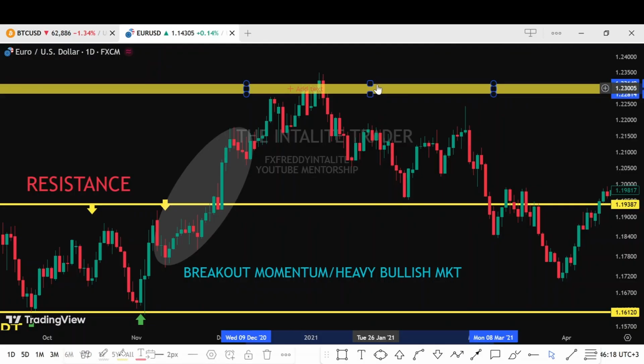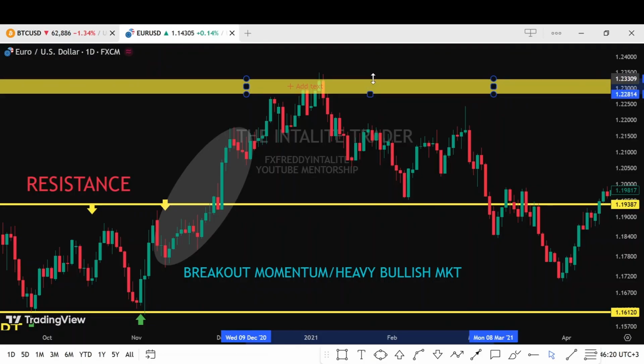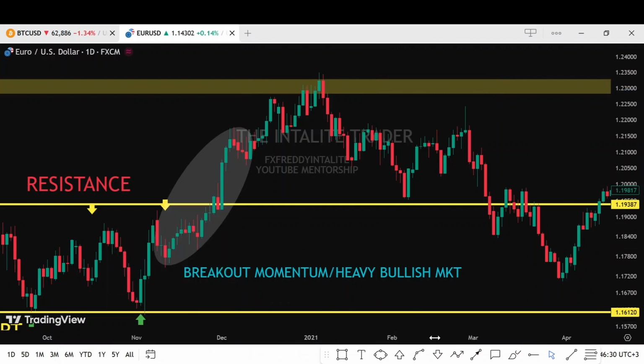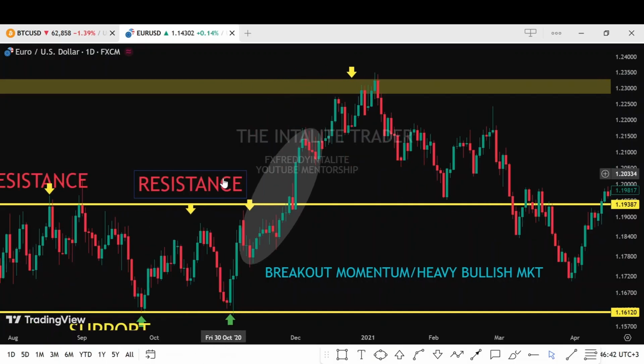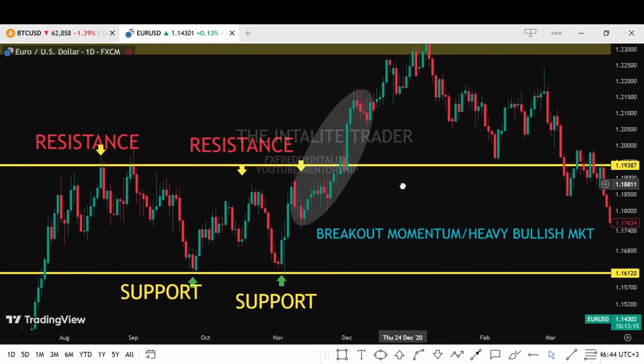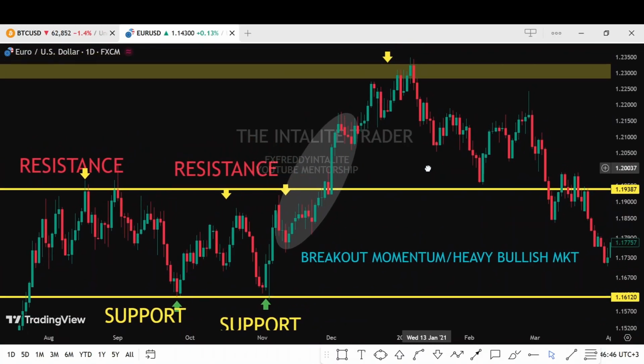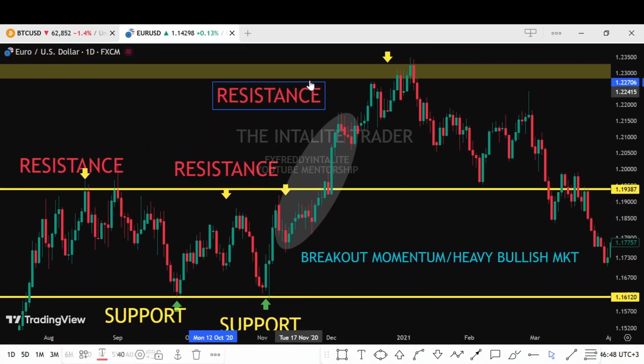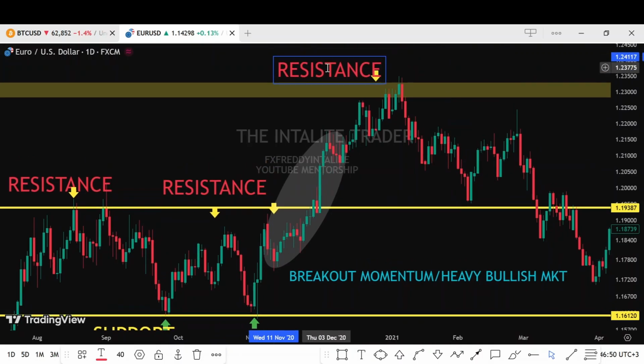So price came and traded at this point. Yeah. So this price came and found resistance, because we said price is trading higher and higher, but later on it came and encountered another resistance level here, this one.